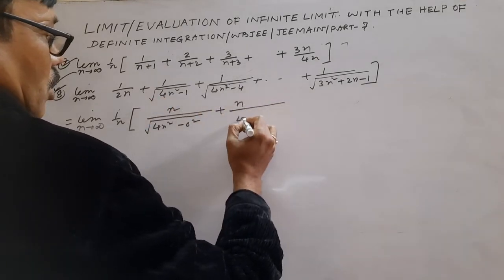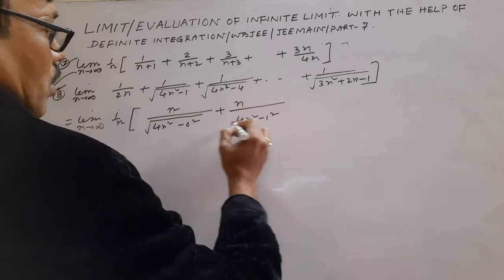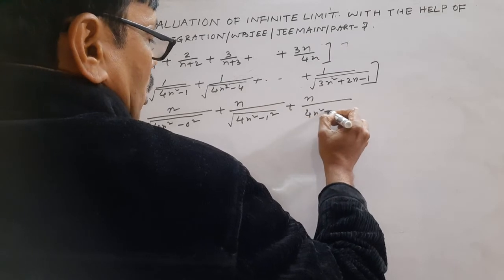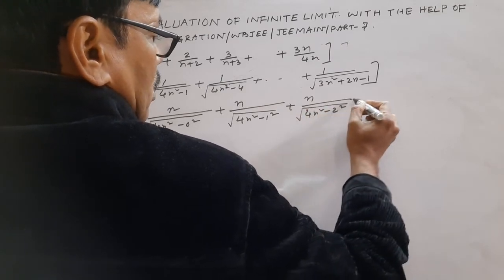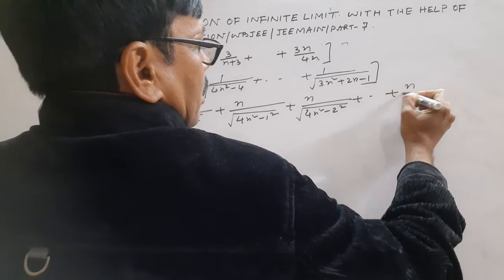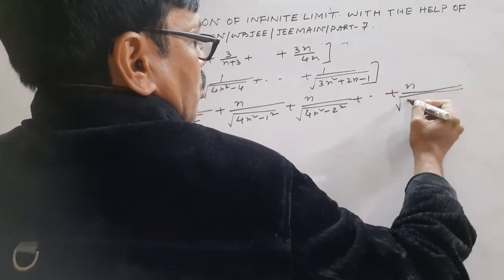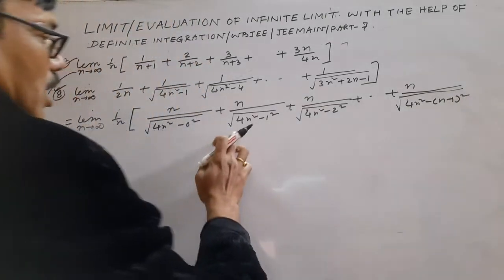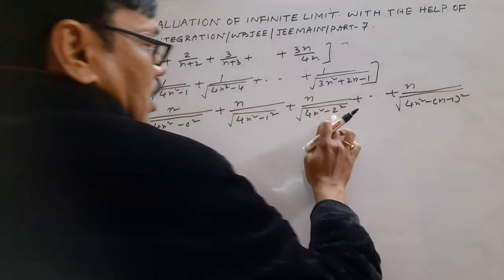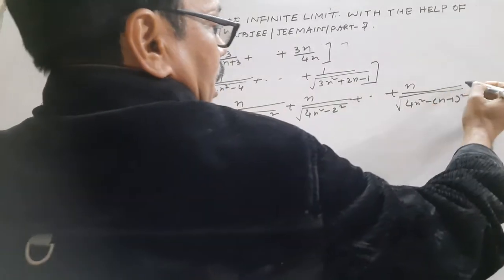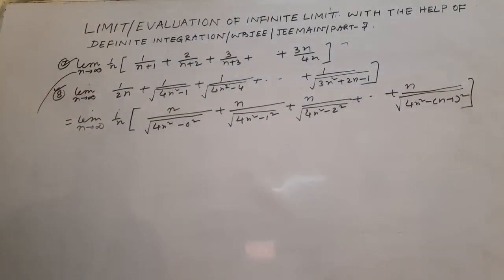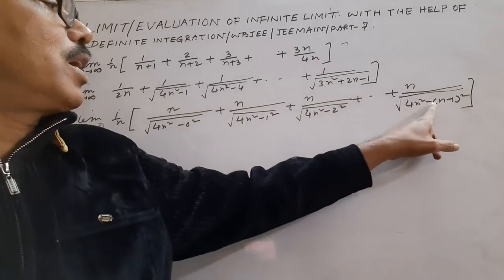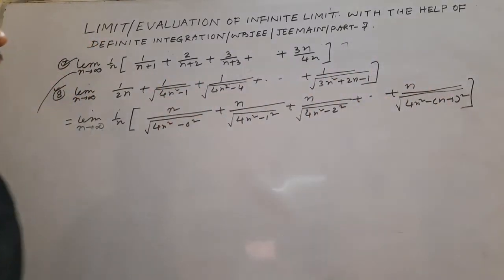Then n by 4n square minus 1 square, n by 4n square minus 2 square, and so on up to 4n square minus (n minus 1) whole square. Second term 1 square, third term 2 square, so the nth term is (n minus 1) whole square. So the meaning remains the same.